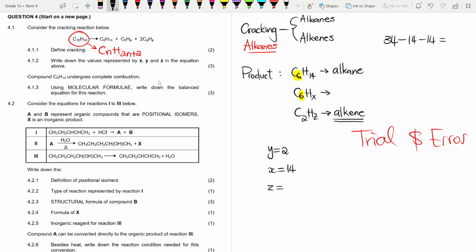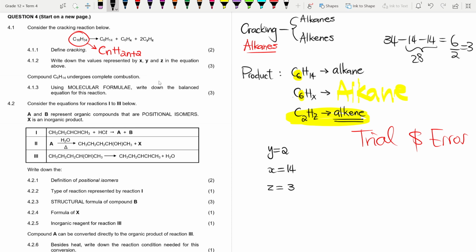Okay, thank you. So in our assumption now Z is equal to 3, and that's because we have a condition. If this is an alkane, it means Z should be an alkene, because we have to have alkanes and alkenes. So Z has to be 3. That's the only number left after we subtract 28 from 34. So we get 6, divide that by 2, we get 3.